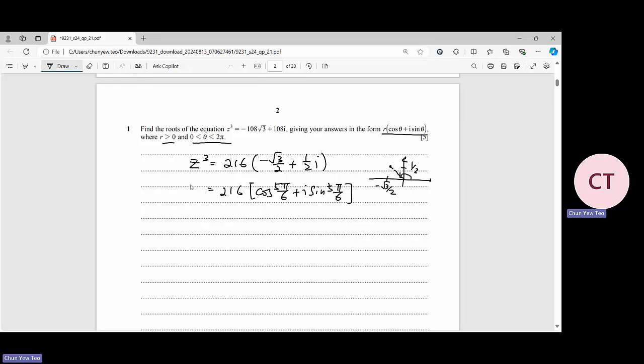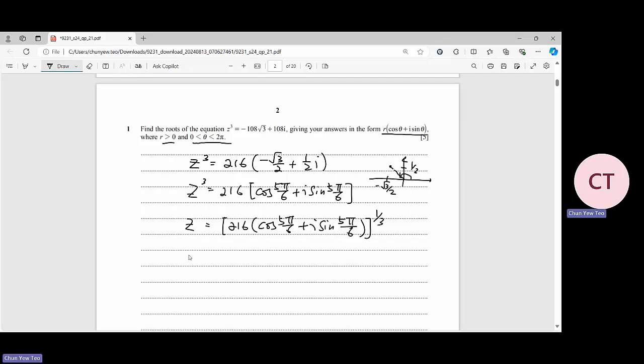So first of all, you change this to trigonometric form. After you have changed into trigonometric form, then you can find z. It means you put the cube root to the other side, power 1 over 3.